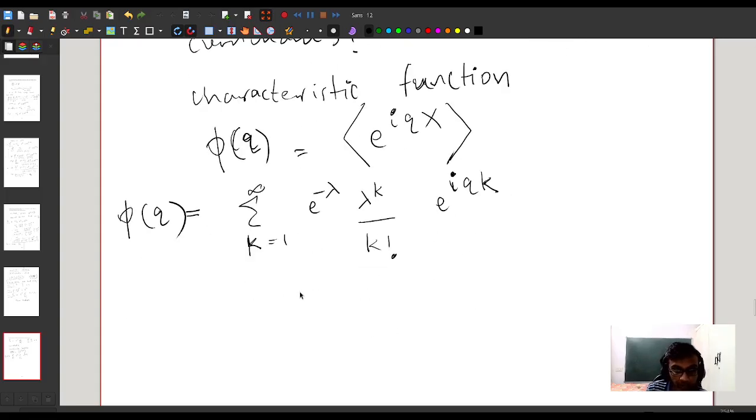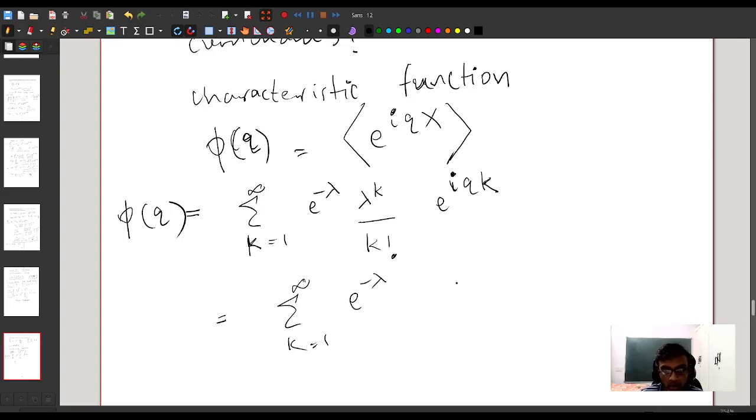So let us look at this summation: k equal to 1 to infinity, e to the minus lambda, and it is going to be lambda times e to the iq, whole to the k, divided by k factorial.